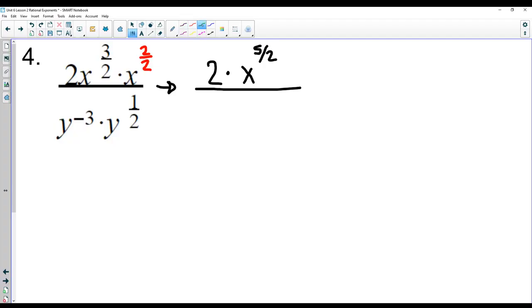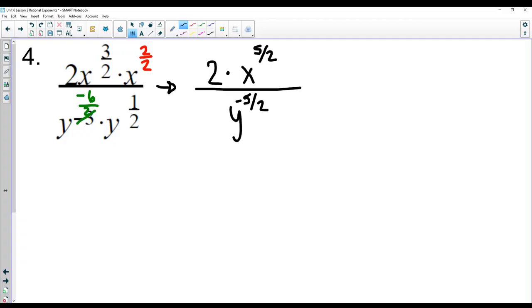Then on the bottom, when I'm talking about the y, specifically this -3, I want to make it so the denominator is the same so that I can add them. That means that -3 is the same as -6/2. So -6/2 plus 1/2 gets me y to the -5/2.